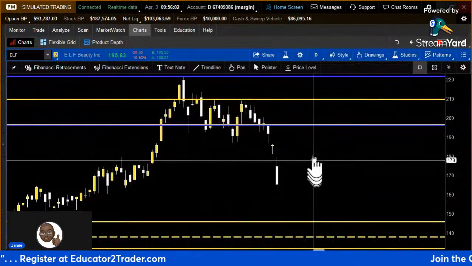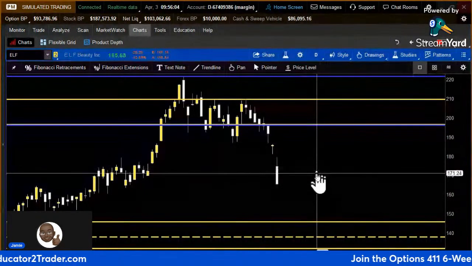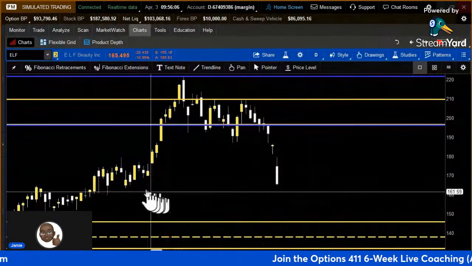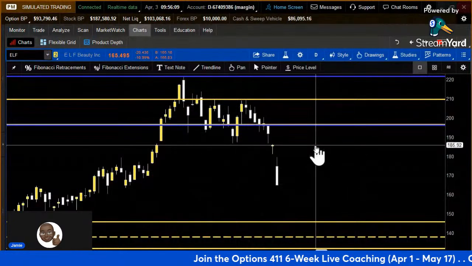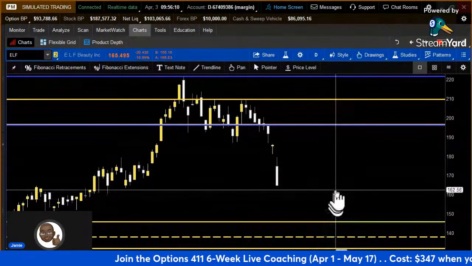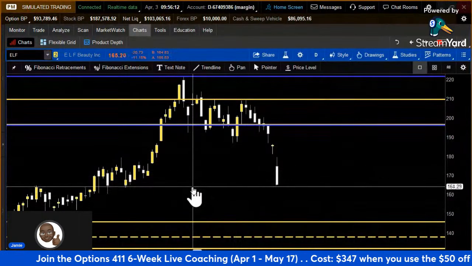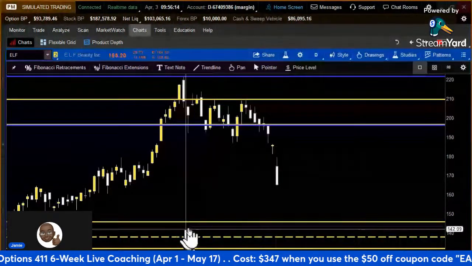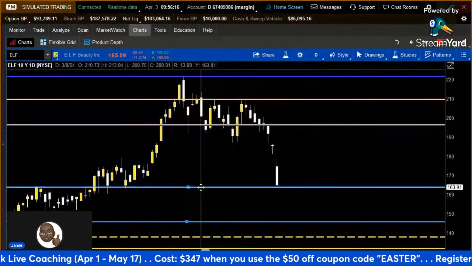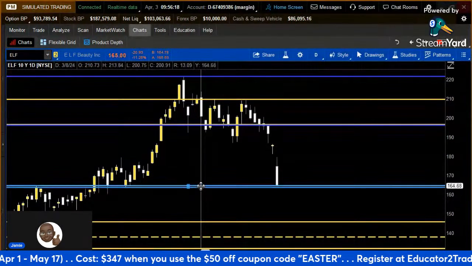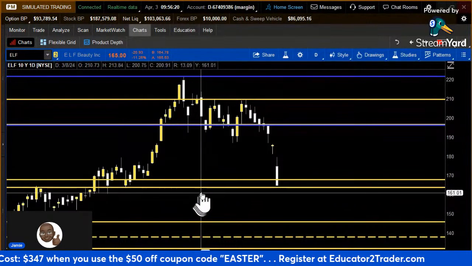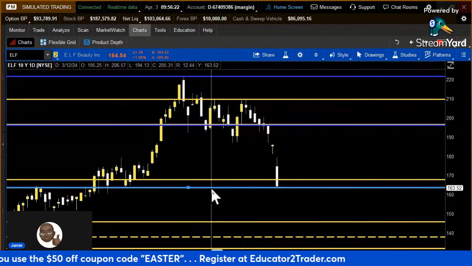Then the daily, look at the gaps in there. Wow. Okay, I hear you. I see more gaps than I see buyer zones, or zones in general. But what I see over here is this. Change these to green.